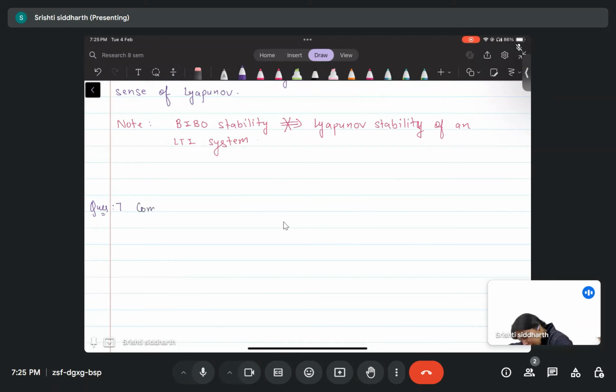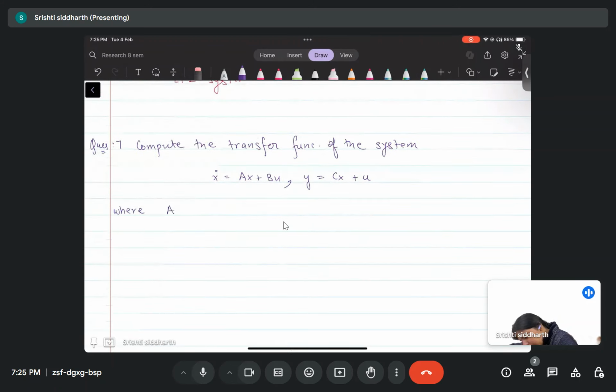Find the transfer function of a given system. A is minus 2 1 0, 0 0 0, 0 0 minus 1, and B is 1 0 minus 1, and C is 1 1 1. Is the system BIBO stable?